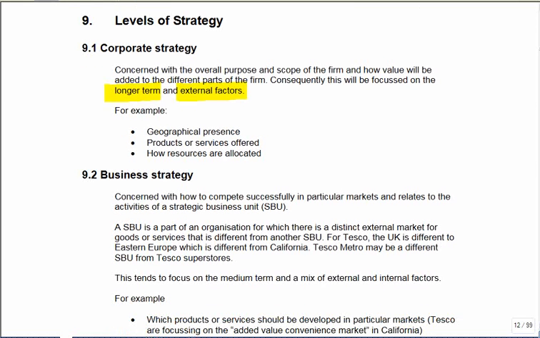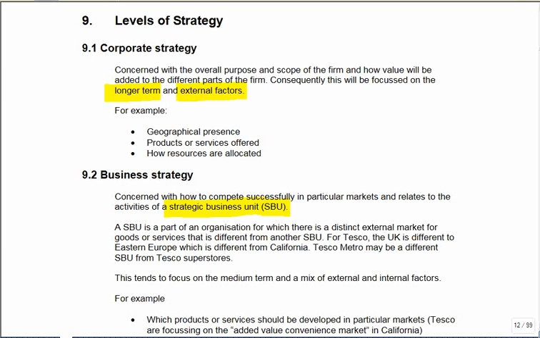Underneath that, you've then got business level strategy, and business level strategy is the strategy that applies to individual business areas, or what we describe as strategic business units, SBUs, a strategic business unit. You may well not have come across that phrase before. You may have used the phrase division, which is absolutely fine.